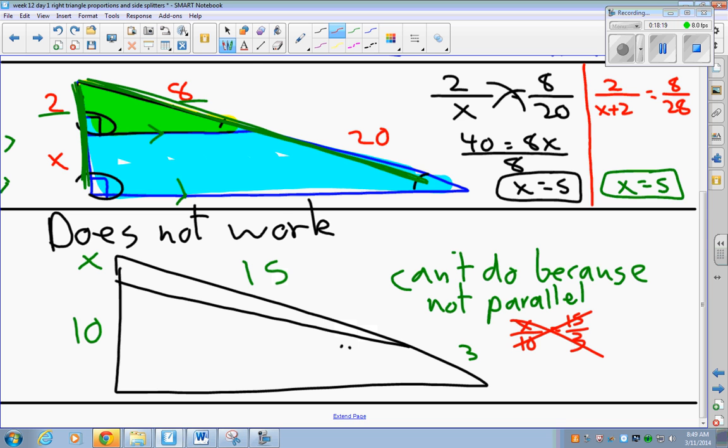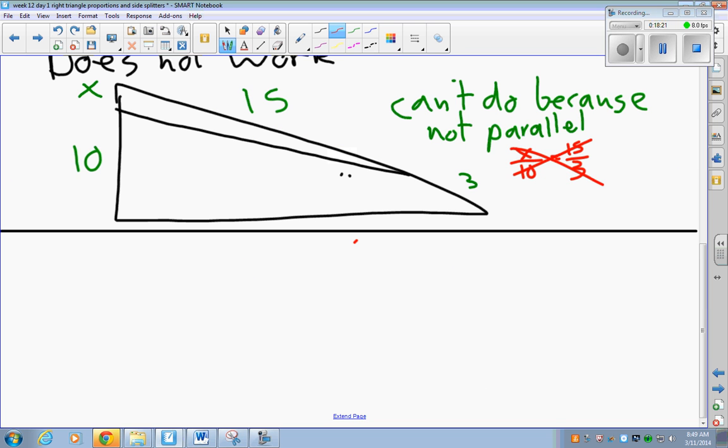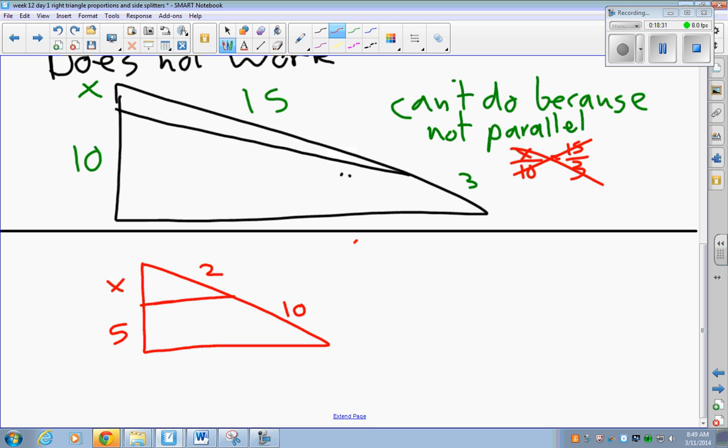So, tricky as I am, I could give you a problem once, and I could have it like this. Give you an x and a 5 and a 2 and a 10, and just say, hey, solve for x if you can.